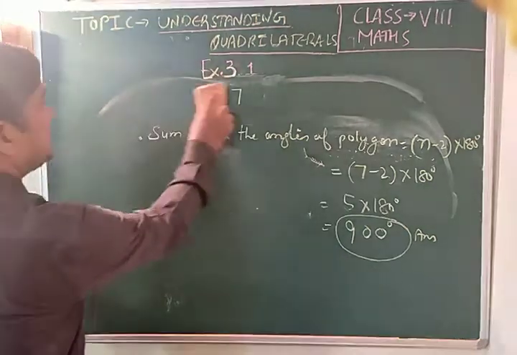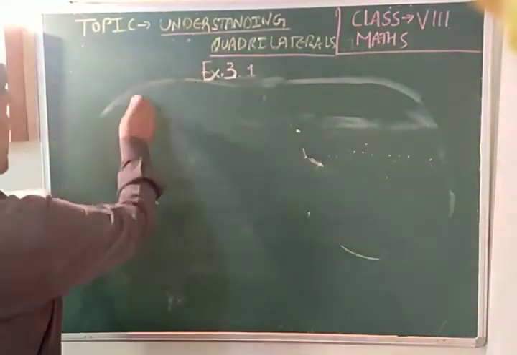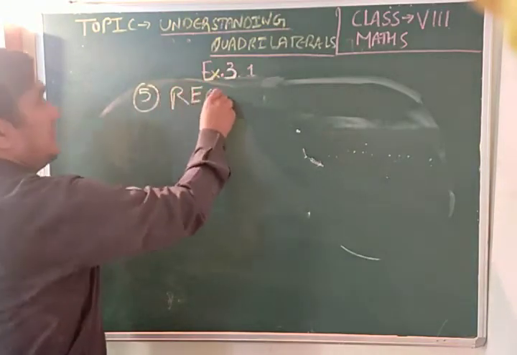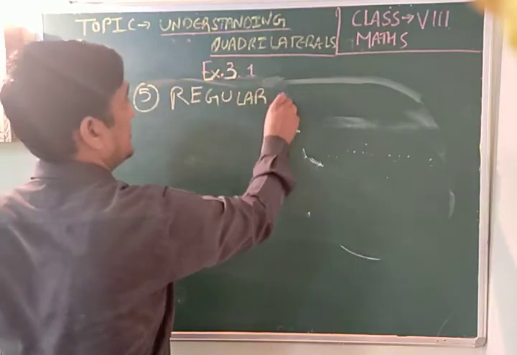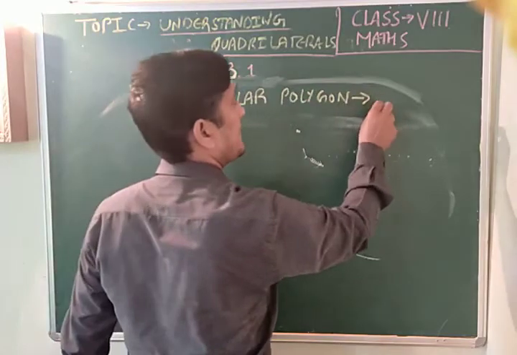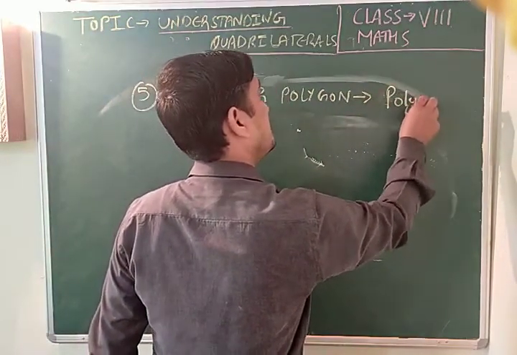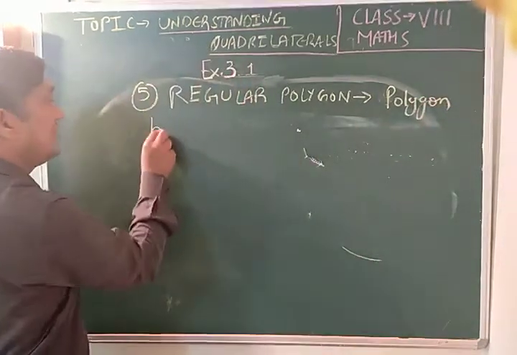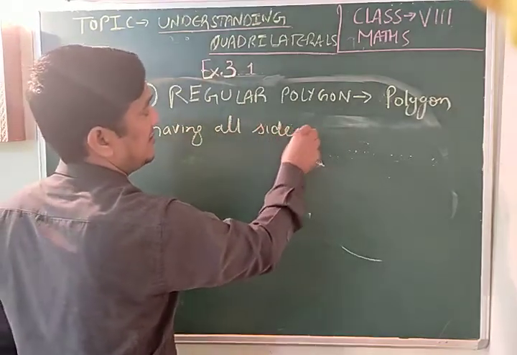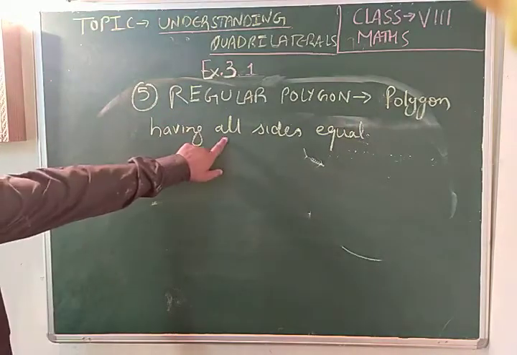Next. Regular polygon, question number 5. Regular polygon means a polygon having all sides equal.